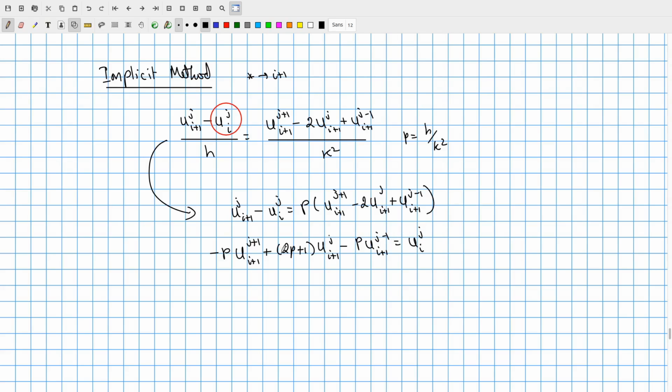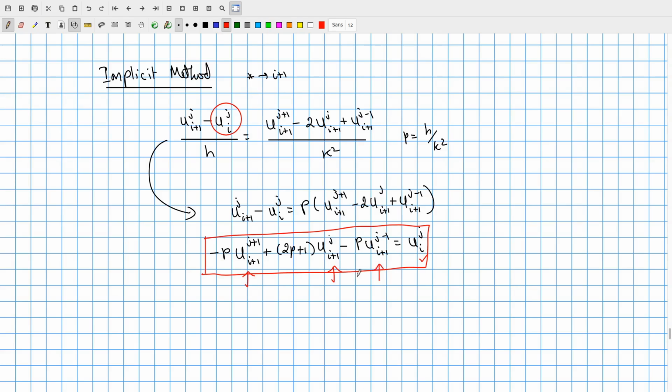So this is the final finite difference equation which we wanted to solve. This is a known quantity, and these are all unknown quantities.